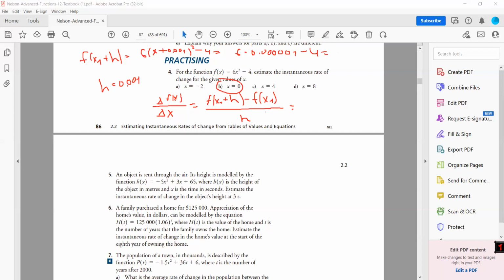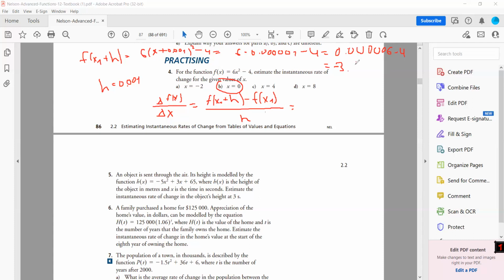We would have 0.000006, subtract 4. I'm sorry, I made a silly mistake.